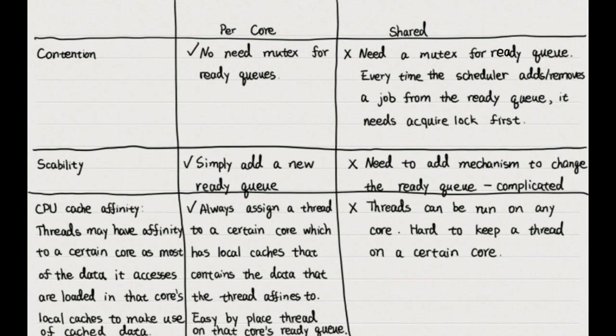We will evaluate these two mechanisms from four aspects: contention, scalability, CPU cache affinity, and load imbalance.